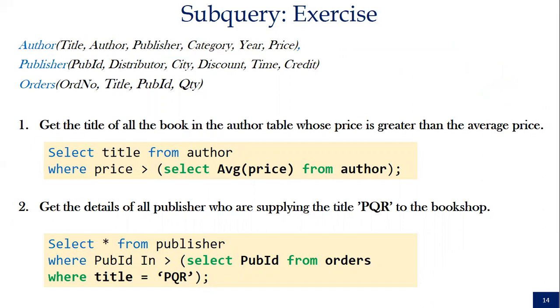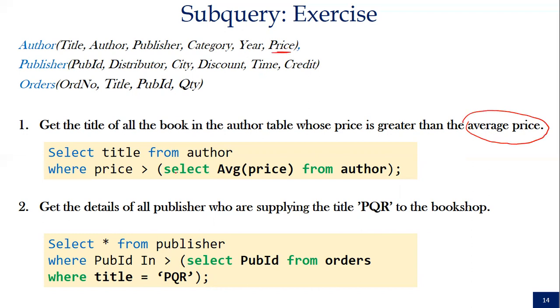So you can do an exercise with one or two questions, like there are tables: author, publisher, order. If I ask you to get the title of all the books in the author table whose price is greater than the average price, first of all you have to identify the average price. So how can you identify the average price?